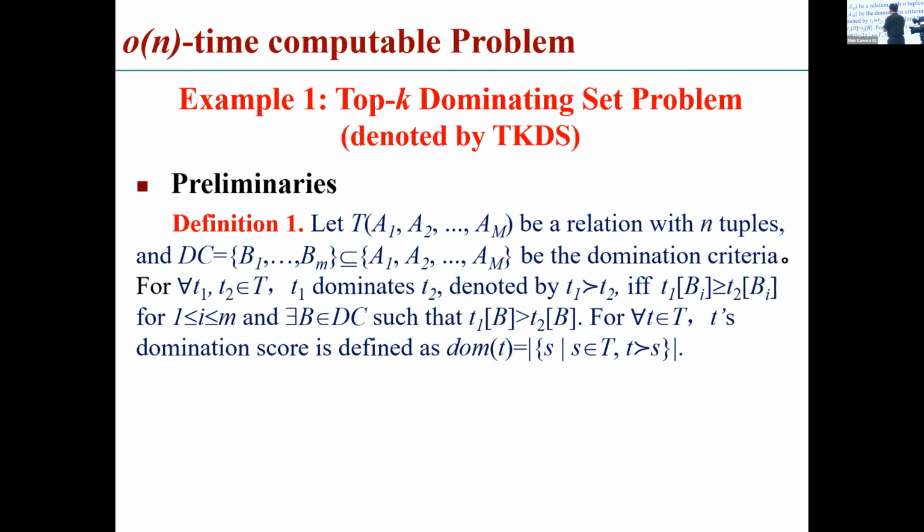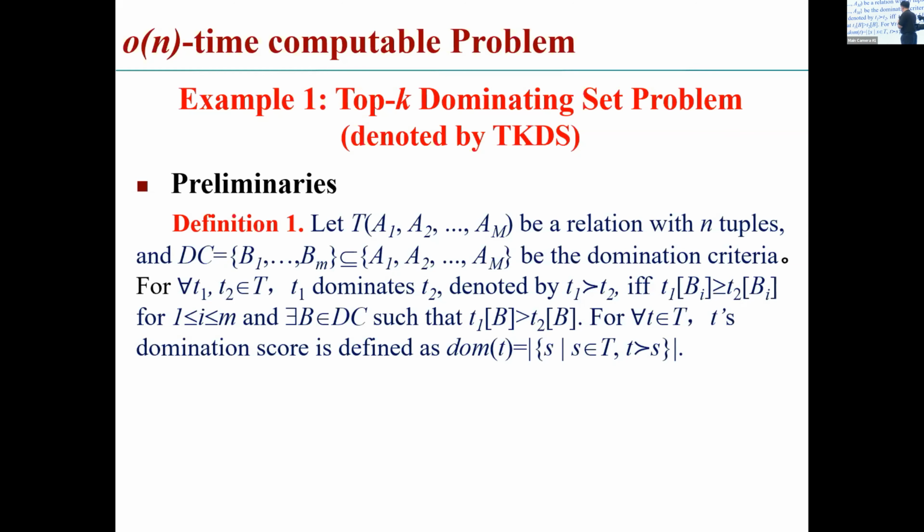For any t1, t2 belonging to T, t1 dominates t2, denoted by t1 precedes t2, if and only if the value of t1 on attribute Bi is greater than or equal to t2 on attribute Bi, for i greater than or equal to 1 and smaller than or equal to n, and there is a B belonging to DC such that t1.B is greater than t2.B.